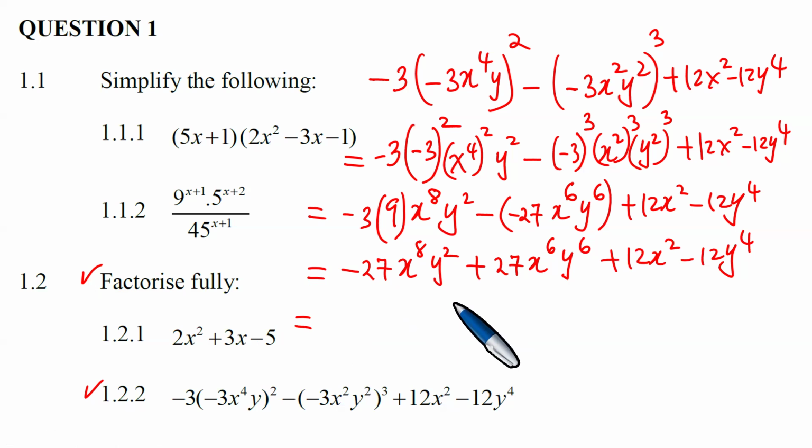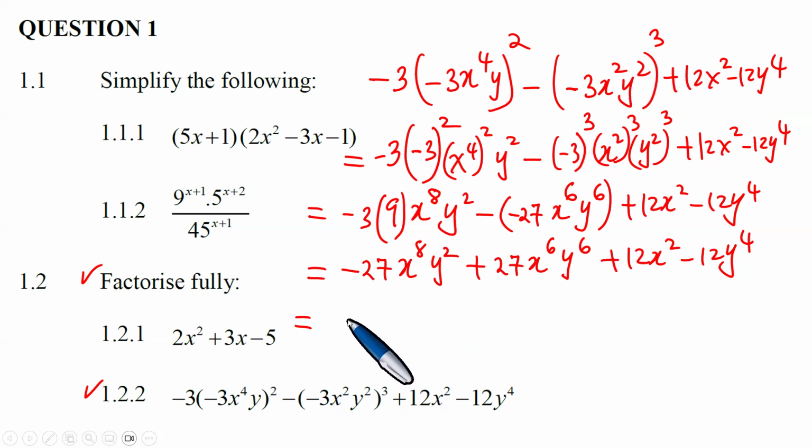Right, so there's a common factor out of all these things. What is the common factor out of all these things? What is the common factor out of everything here? 3. Well done there.